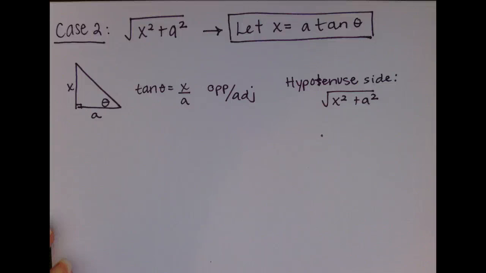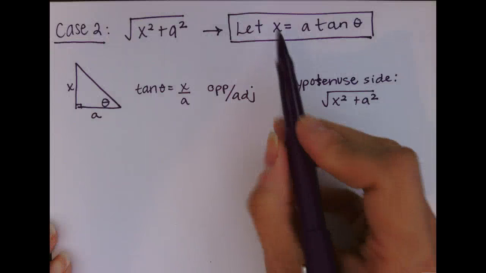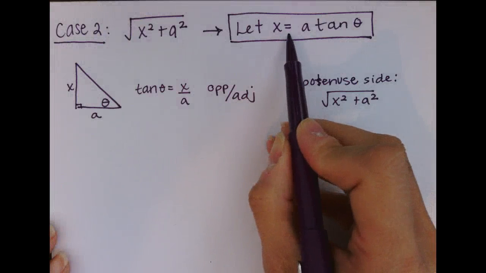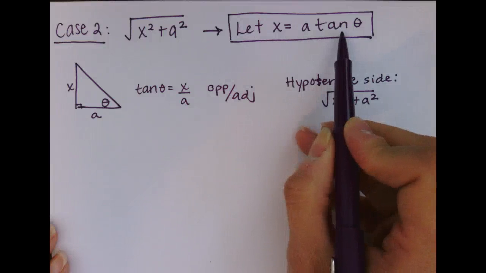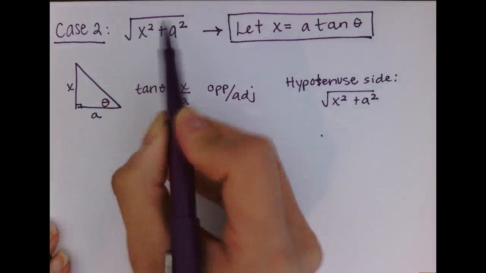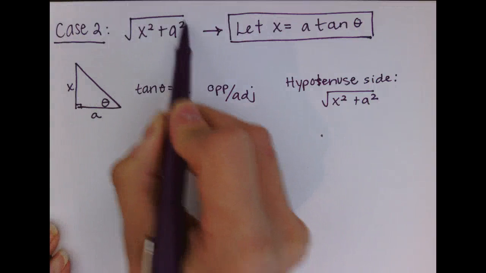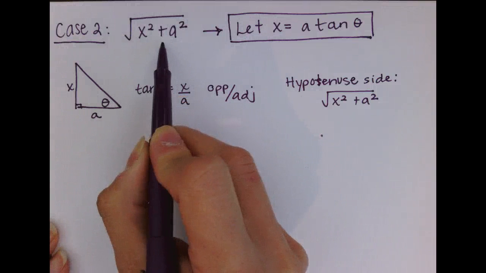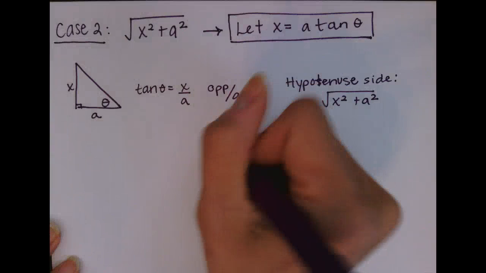Okay, so what we saw in the last example is that we not only have to make a substitution for x in terms of our trigonometric functions, but we also have to figure out what this expression should be equivalent to with our trigonometric functions.